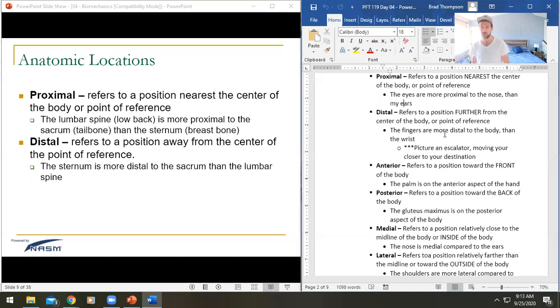another point of reference. So when I say it's near the center of the body, I'm not just talking about your midline. I am talking about both of your midlines, right?